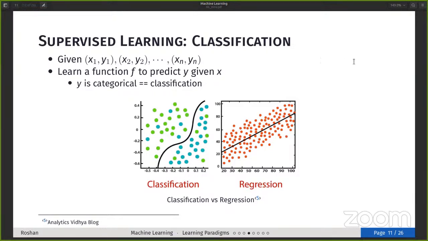Heart disease prediction, yes, that is also classification, whether you have the disease or not. And again, the MNIST data set I was showing, the digits recognition. That is also classification.